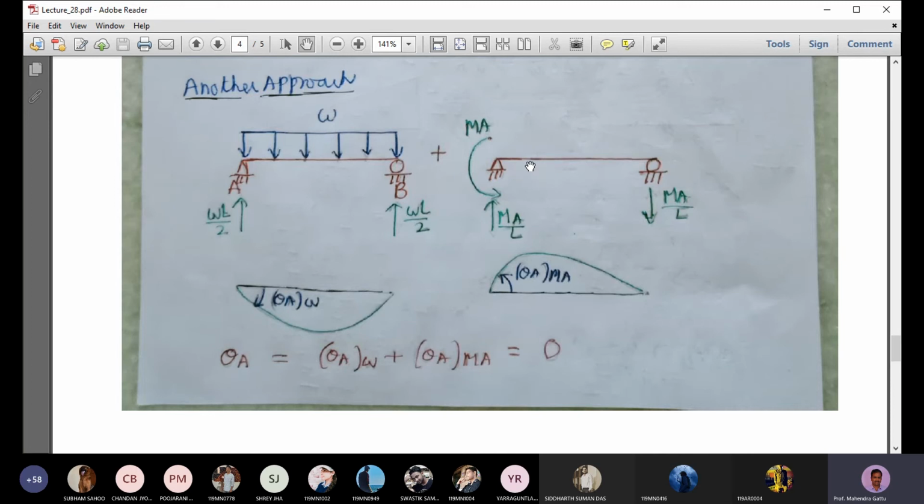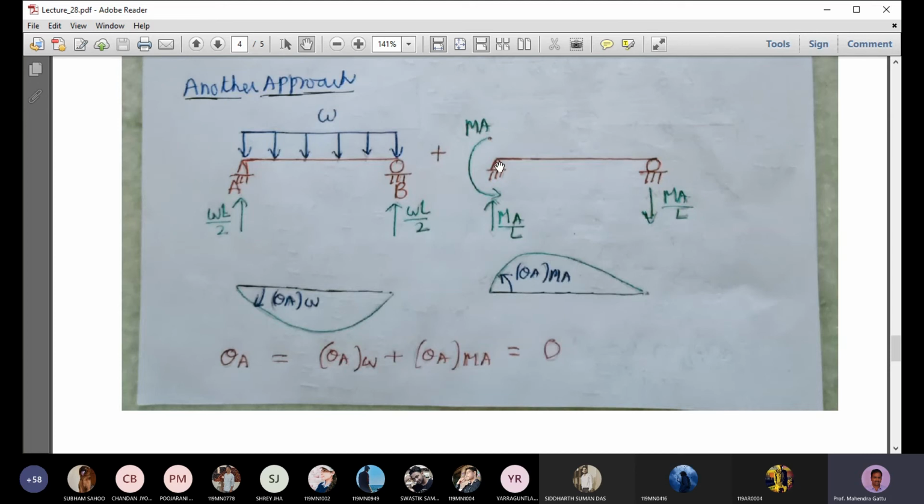We will get, I didn't write it, but you will get a negative value, I think, yeah. Because this is acting in this fashion, M of x is also acting in the clockwise direction. So M of x plus MA is equal to MA x by L. So M of x will be minus MA plus MA x by L.